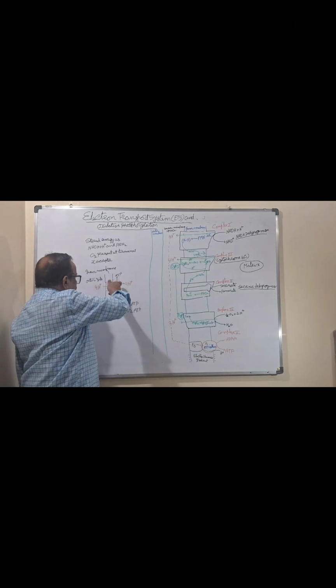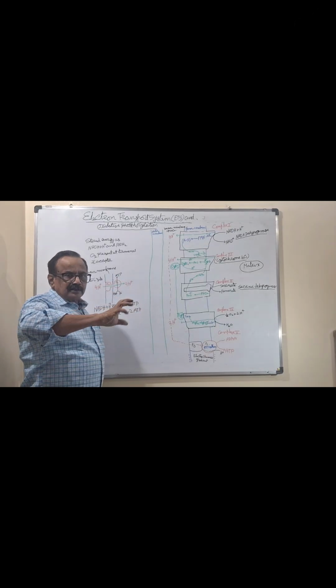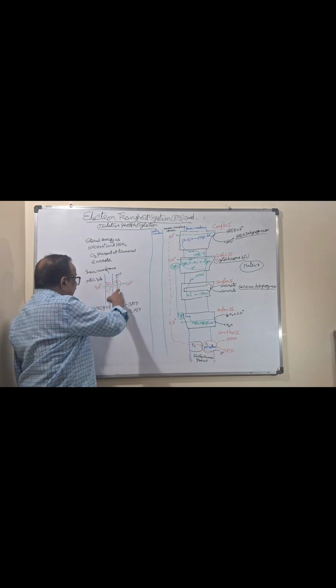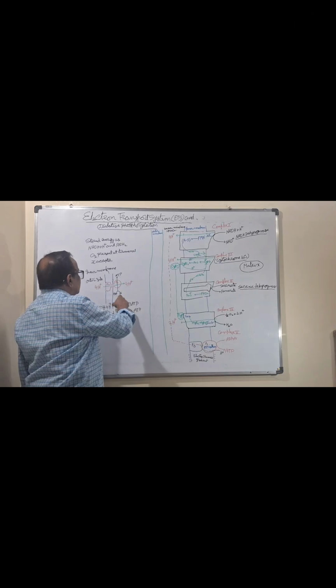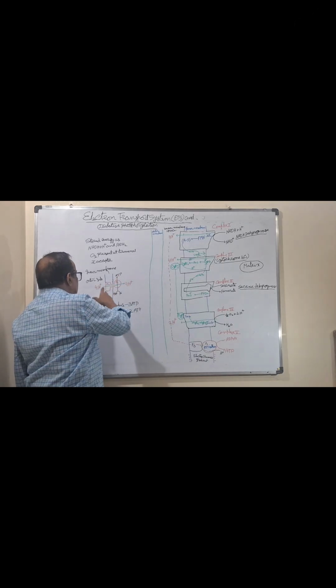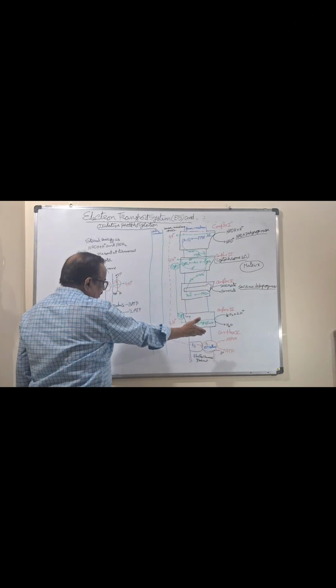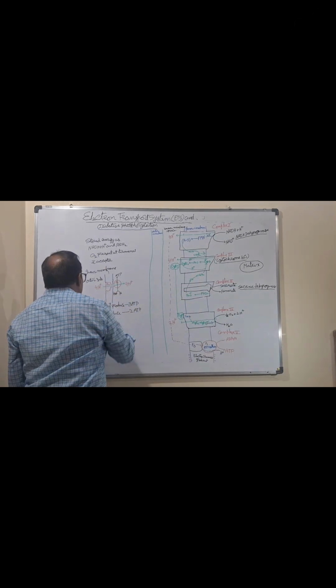How? It rotates. That rotating energy will be used for combining ADP plus phosphate, and it will produce the ATP. And the protons will be sent into the matrix. That is what he has explained.